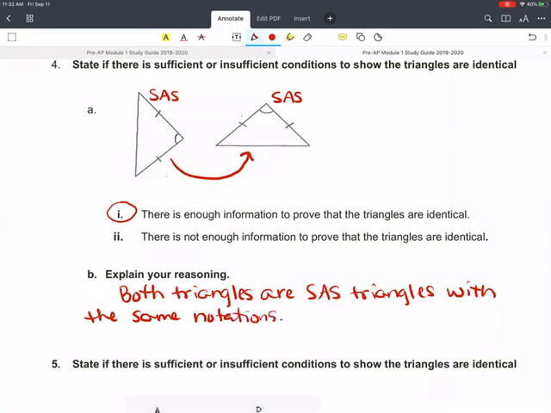Make sure you include both of those. You state what kind of triangle you have and that the notations are the same, because it could be the same kind of triangle with different notations. If that were the case, the information would not be enough, so it would be insufficient. So it has to be the same triangle with the same notations.